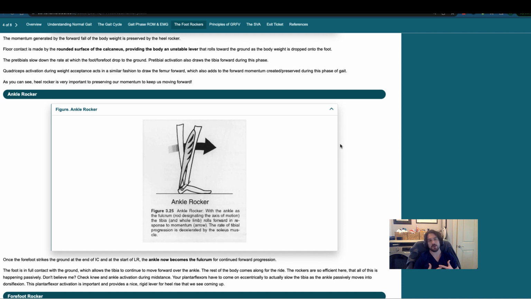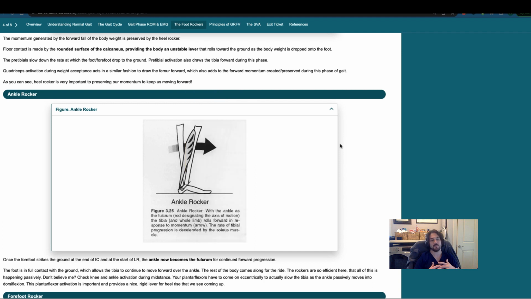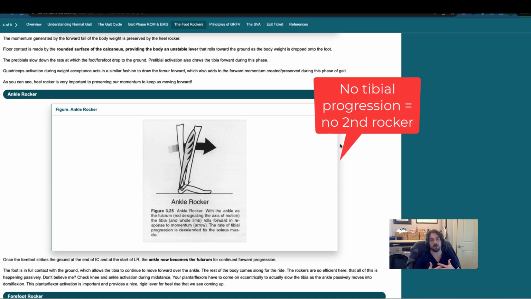What's really important here is that at the ankle, we're not able to get the dorsiflexion to start moving the tibia into that 10 to 12 degrees of incline. And so our thigh segment is not able to pass over the tibia without creating hyperextension at the knee. And so in this way, we effectively lose our second rocker by bracing the ankle in neutral.